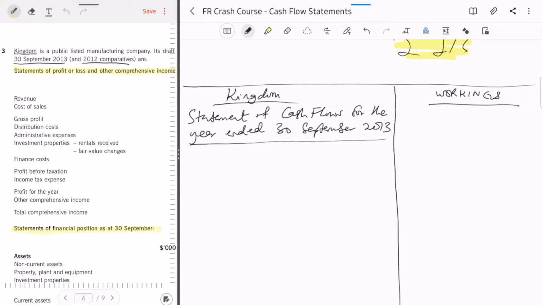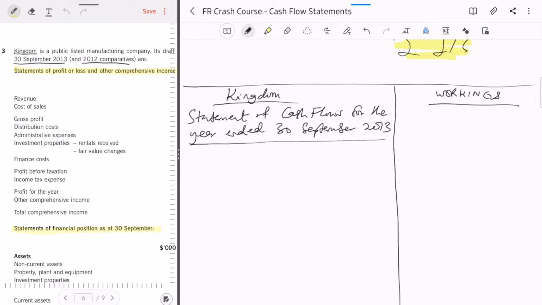Take note that cash flow does not have a formula. It is very easy, but you just need to know which figure to pick and put where. So we're going to open all three sections, and as and when we come across relevant information, we will place it there, such that by the time our time is up for this question, we would have put in enough information to pass this question and be well on our way to passing the exam.